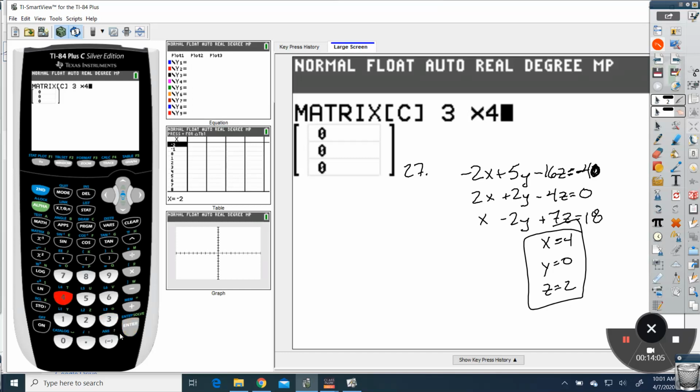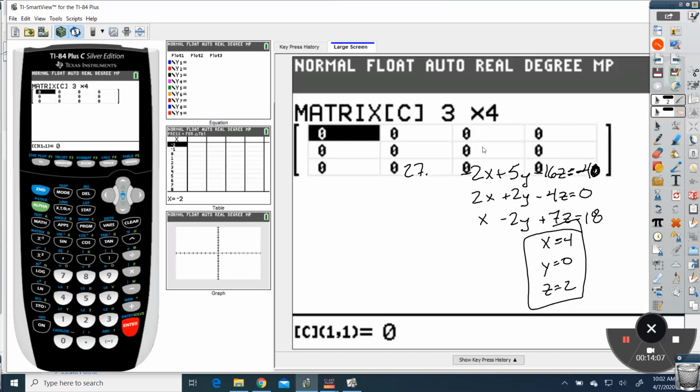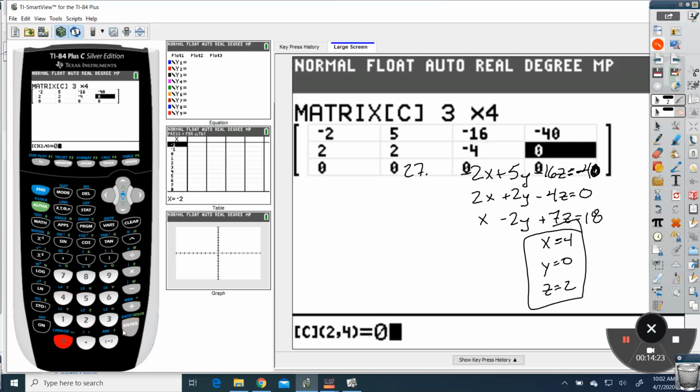So negative 2 is my first number, 5, negative 16, and then negative 40. Now my next row is 2, 2, negative 4, and 0. And my last row is 1, negative 2, 7, and 18.